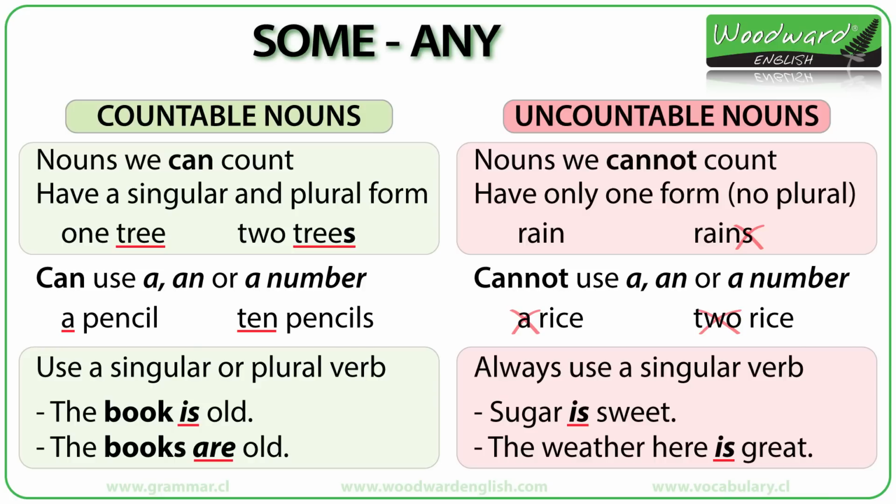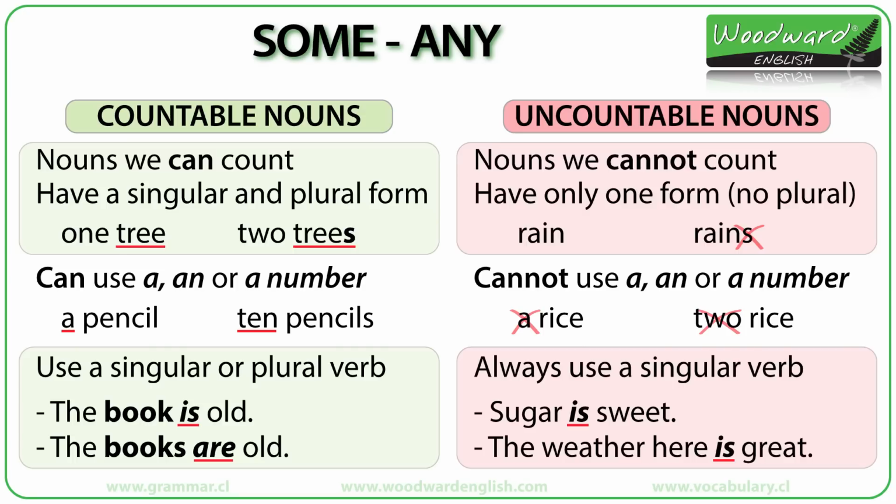Before we begin, it is important to know what countable nouns and uncountable nouns are. Basically, nouns that you count, such as trees or books, these are countable. 1 book, 2 books, you can count books, so book is a countable noun.